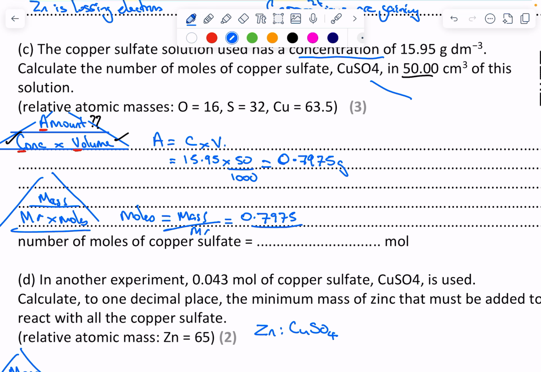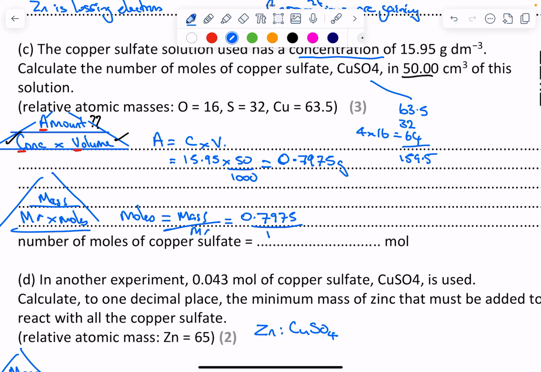I'm going to do that over here. So the Mr is, there's one copper, so copper is 63.5. I've got one sulfur, which is 32, and I've got 4 lots of oxygen, which is going to be 64. Let's just add all those up. So 63.5 plus 32 plus 64 is 159.5.